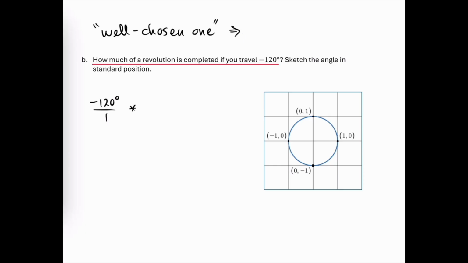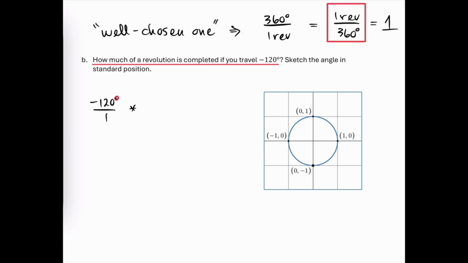And now, depending on whether we want to convert from degrees to revolutions or from revolutions to degrees, we'll choose one of these two options, that 360 degrees is the same as 1 revolution and 1 revolution is the same as 360 degrees. Both of these ratios are equivalent to 1, and we'll choose one of them to multiply by, the one that will cause the degree symbol to cancel.